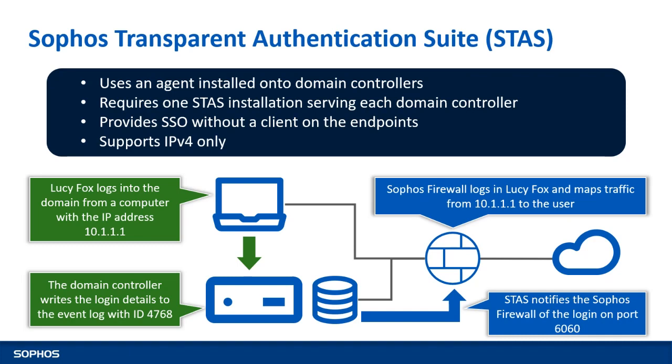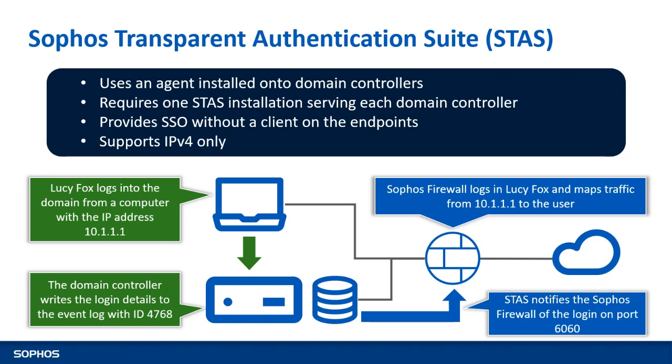It is important to know that the STAS software only works with Microsoft Active Directory and only works with IPv4. Please note that this SSO client cannot be used when STAS is enabled on the firewall. Okay? So let's have a look at how the STAS works.